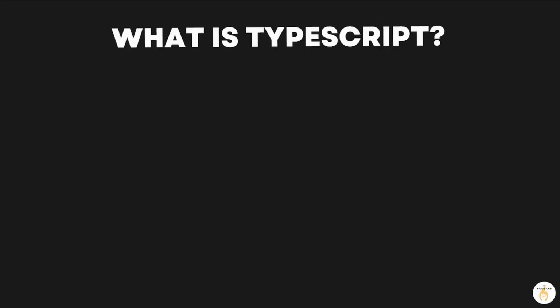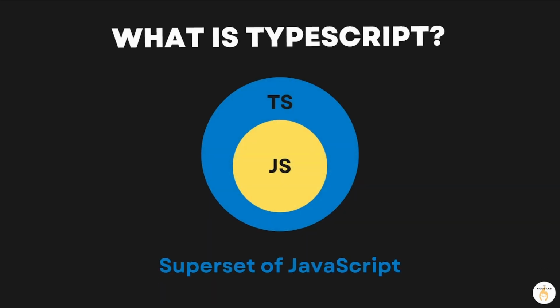Let us try to understand what TypeScript is, which is the main question, and why we are trying to learn it. As you can see here, TypeScript is a bigger circle inside which there is JavaScript, and we call it the superset of JavaScript. That means TypeScript has all the features of JavaScript, plus some additional features.